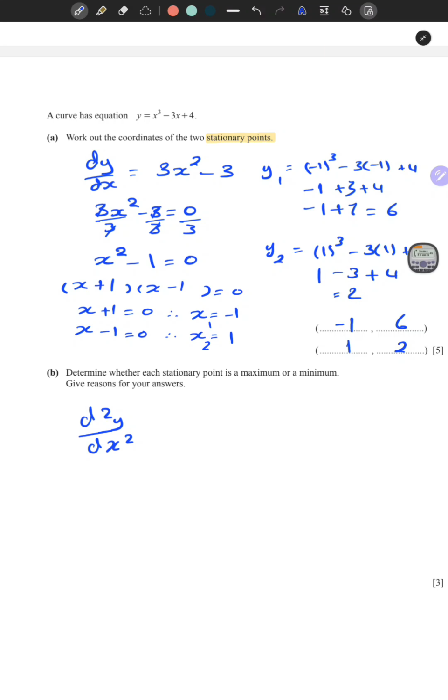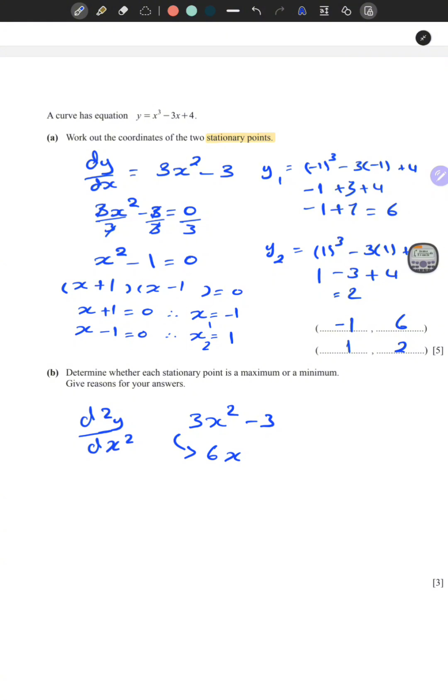Let's find this. So the first derivative here equals 3x squared minus 3, and the second derivative will be 6x. I will take the values of x that I found in the first part of the question, which are -1 and 1, and substitute them here in place of the x.